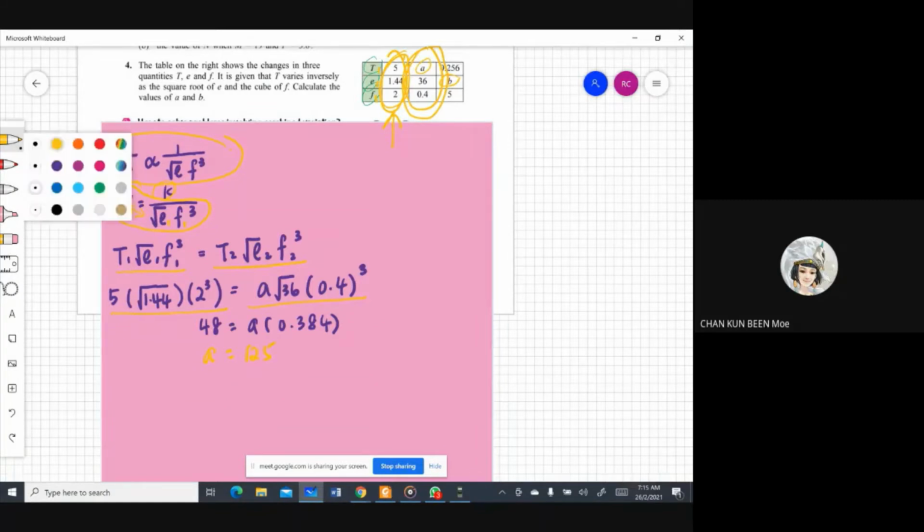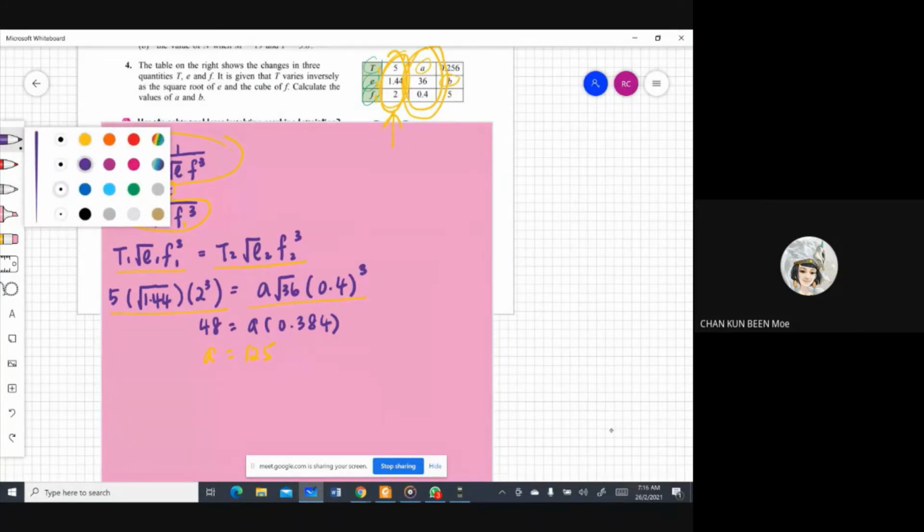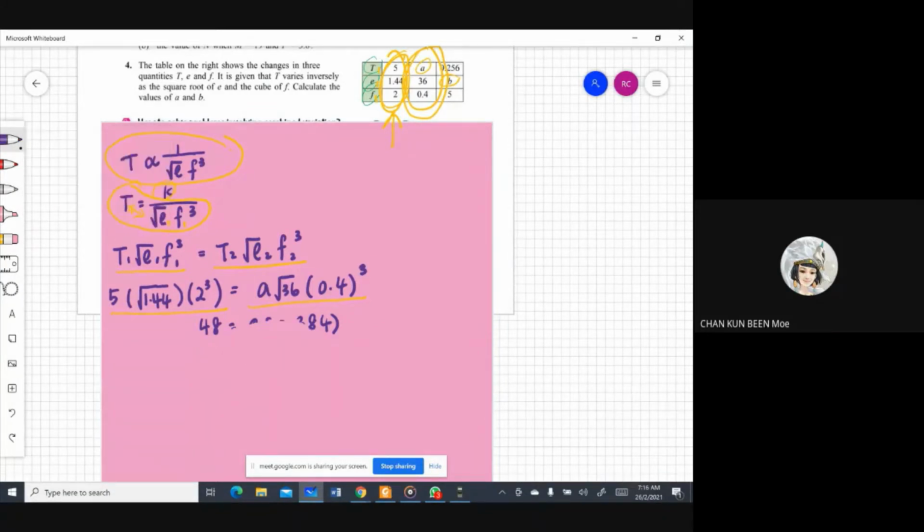It's not very clear. I need to change it back. Okay. A equal to 125.